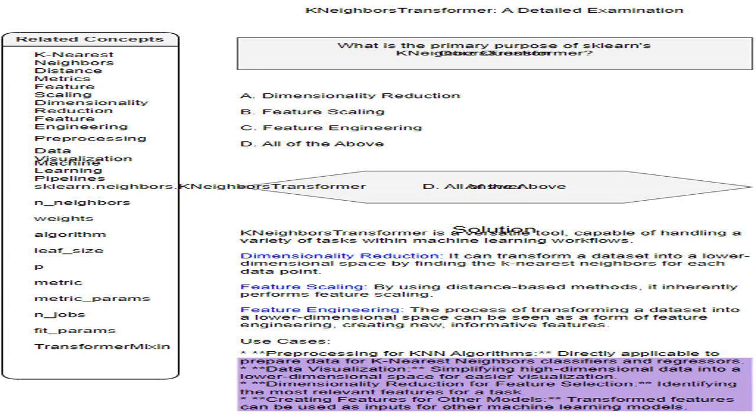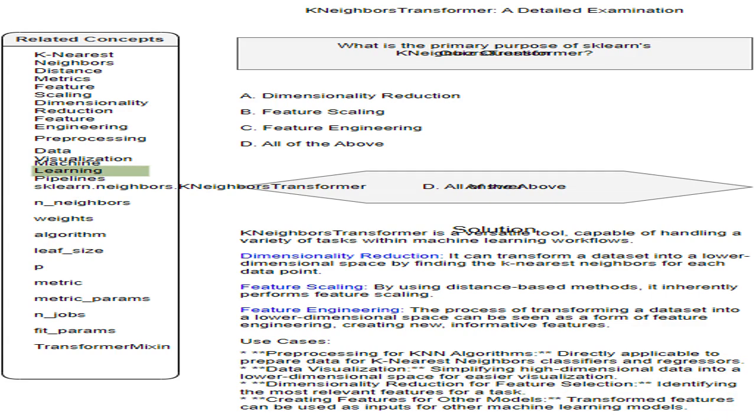X0a. Data visualization. Machine learning pipelines streamline the machine learning workflow by chaining multiple steps together, including preprocessing, model training, and evaluation. K-neighbors transformer can be incorporated into pipelines to automate the preprocessing process.